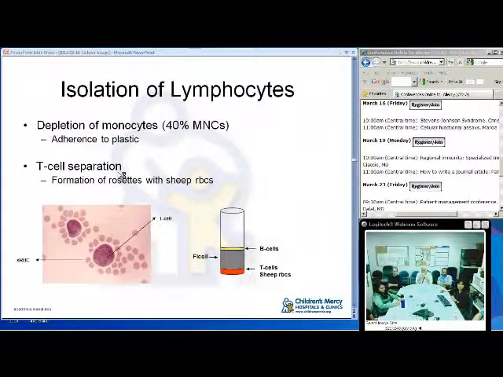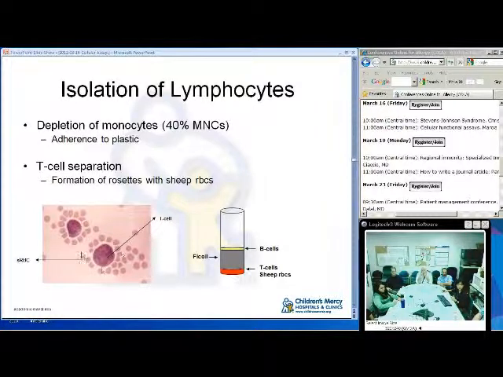If you wanted to isolate T cells, then you can do so by forming rosettes with sheep red blood cells. And on the surface of the T cell is a protein called CD2, and sheep red blood cells bind to CD2.